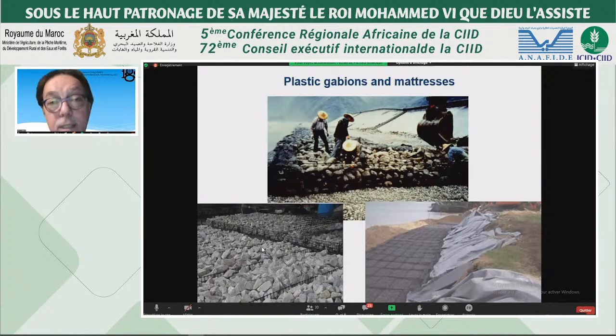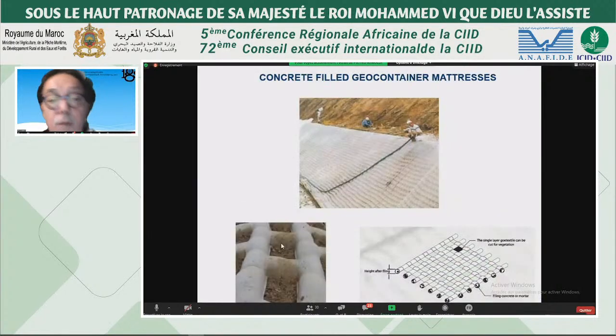Il y a aussi la possibilité d'utiliser ces gabions en plastique et des matrices qui offrent une mécanique beaucoup plus légère que l'acier qu'on voit ici dans ces matrices.